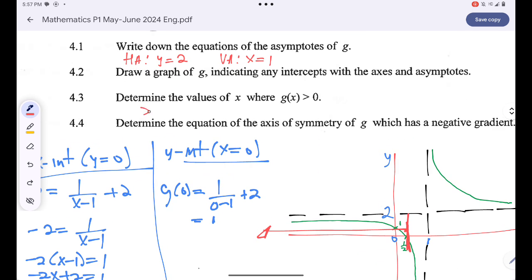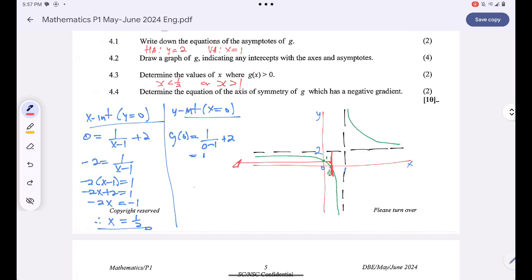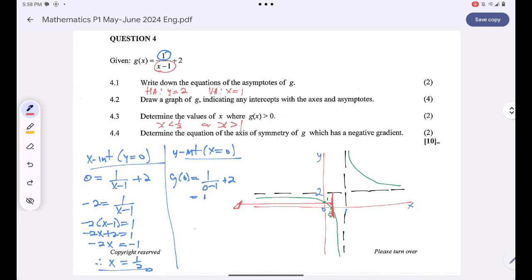So the answer will be when x is less than 1 over 2. And another one will be when x is greater than 1, because from the right-hand side of my asymptote, I can see that my graph will forever be above the x-axis. So that's how you're supposed to answer that question.